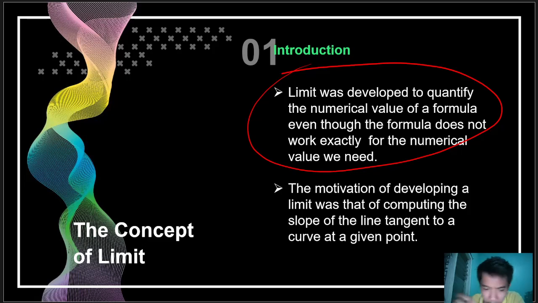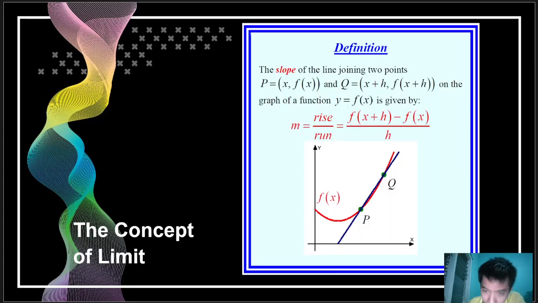So let us consider this graph. We have this definition, the slope of the line joining two points P and Q. So this is your P and this is your Q. Now, these two points are points within the graph.